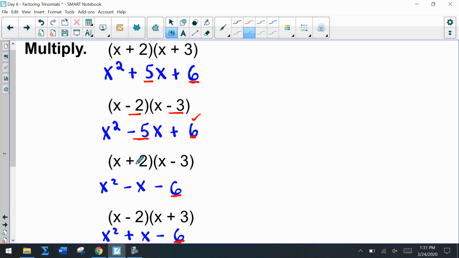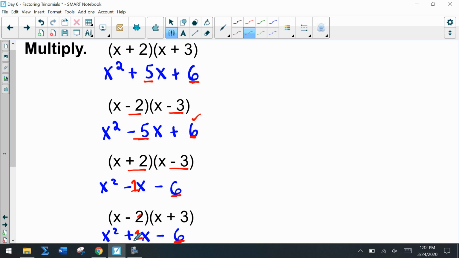So for the next 2, positive 2 times negative 3 gets us negative 6. Or negative 2 times positive 3 gets us negative 6. But now let's add these. So if we have positive 2 plus a negative 3, we get negative 1. And if we have negative 2 plus 3, we get positive 1.